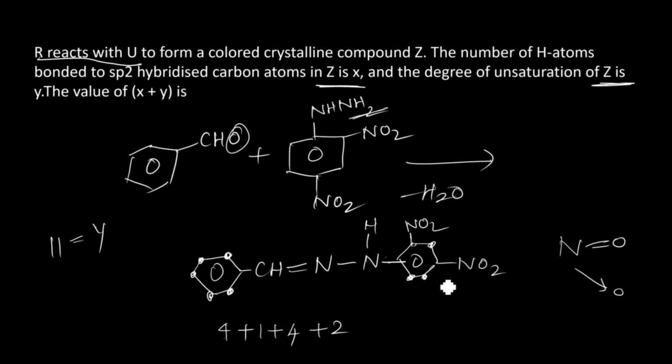Fine. So 5 plus 4, 9. So 9 is X. So X plus Y value will become 20. So 20 is your answer.